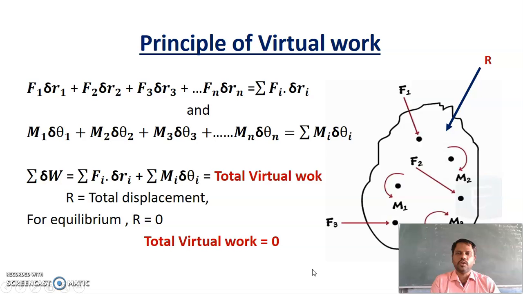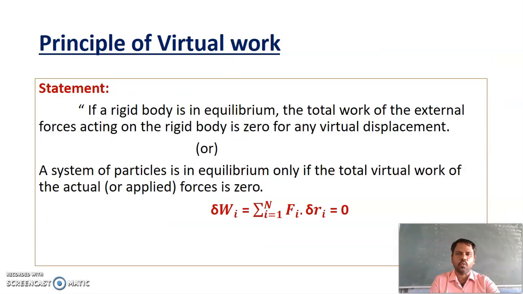The total virtual work being 0 is known as the principle of virtual work. It states that if a body is in equilibrium, the total work of the external forces acting on a rigid body is 0 for any virtual displacement, which is given by this expression.